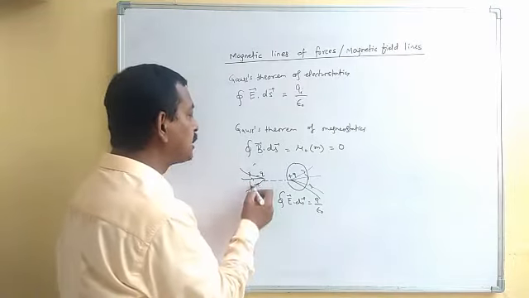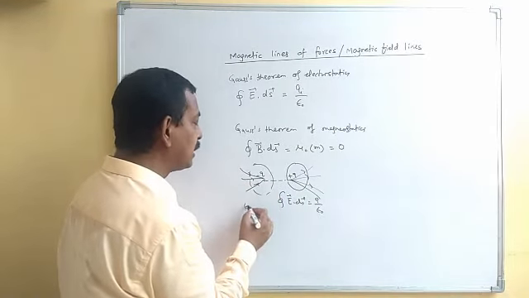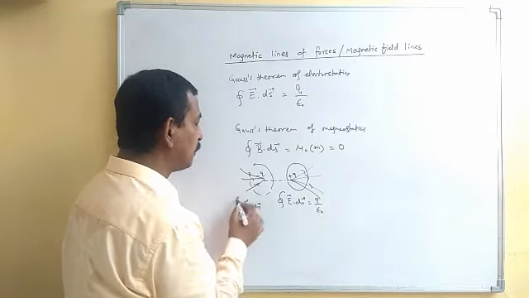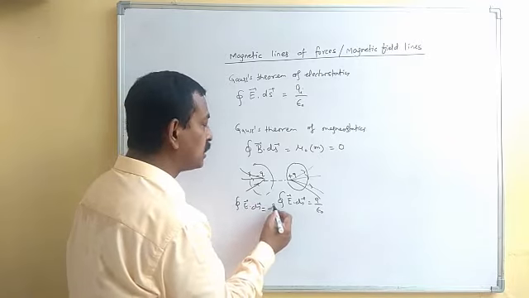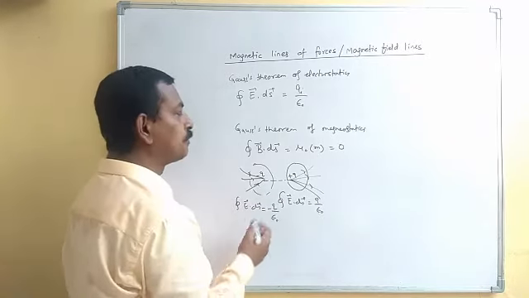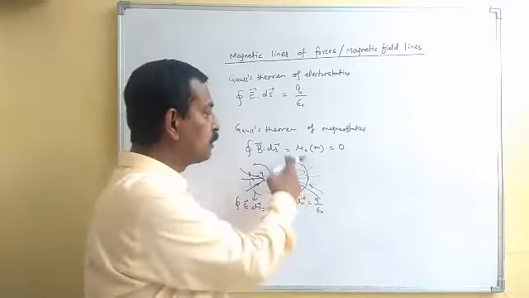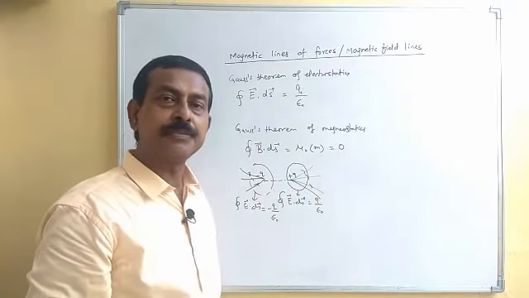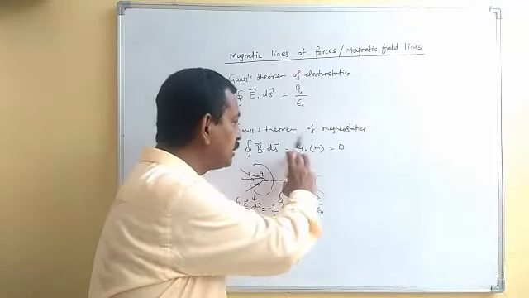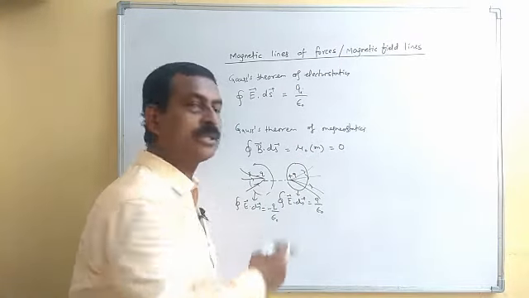If I take the same here, in that case it is ∮E·dS over closed loop, this is minus Q by epsilon naught for this surface, and this is for the other surface where you have positive charge there. Because inside this imaginary surface we have only the charge Q there.